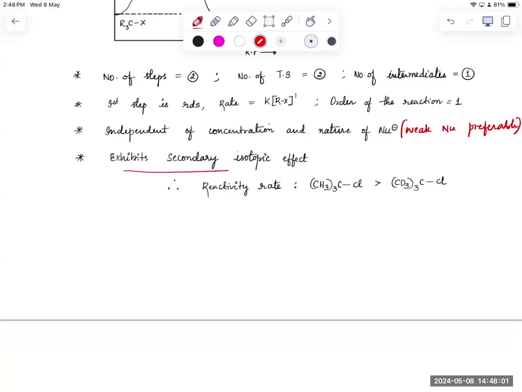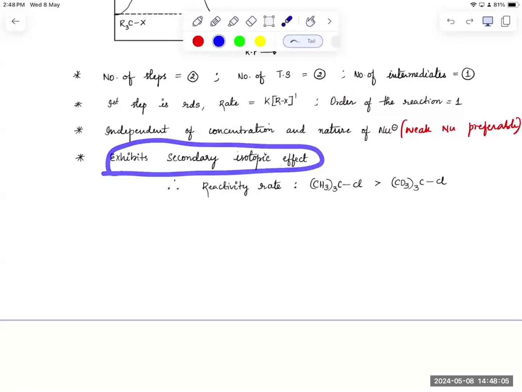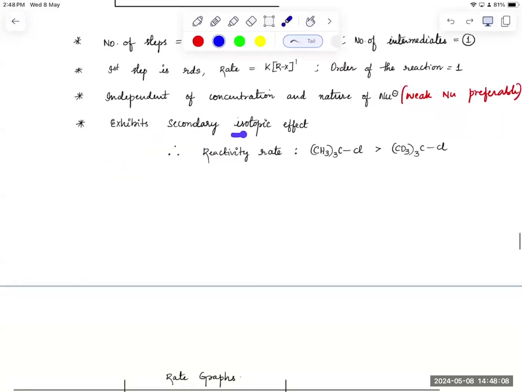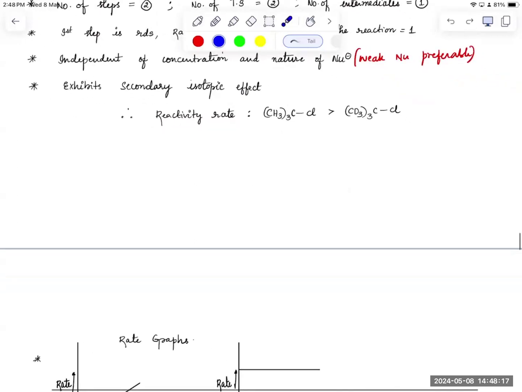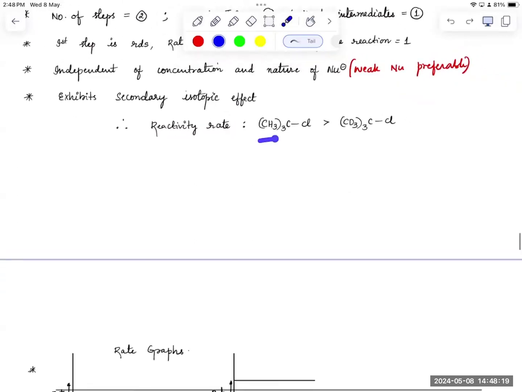Next, it exhibits a secondary isotopic effect. I'll explain what the secondary isotopic effect is, but just remember that both SN1 and SN2 exhibit the secondary isotopic effect. Why is that so? See, if you compare reactivity between this tertiary chloride and this tertiary chloride, here we have carbon with 3 methyl groups and then chlorine.